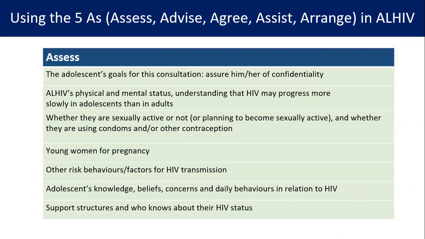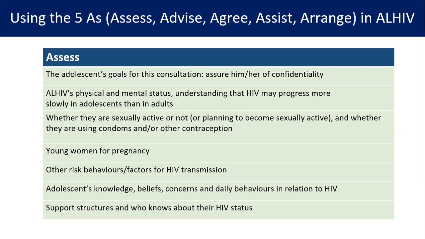So again, by using the 5 A's, that is assess, advise, agree, assist, and arrange, these things we can use when you are counseling the ALHIVs. So assess the adolescent's goals for their consultation, what their physical and mental status is, whether they are sexually active or not.